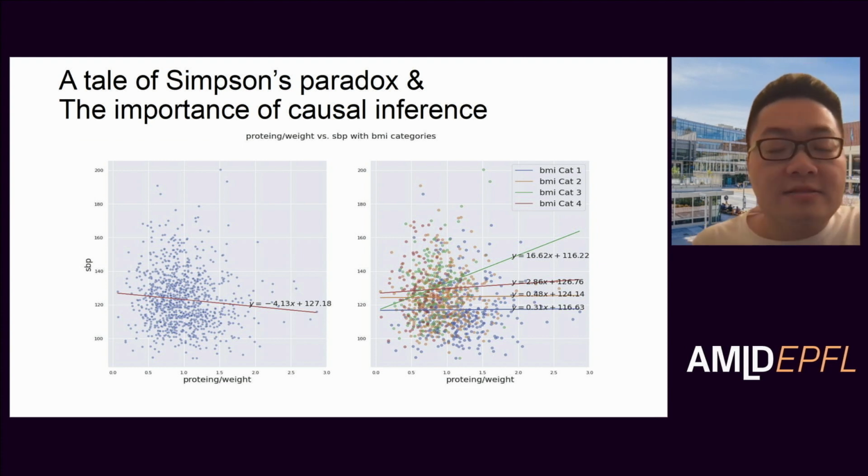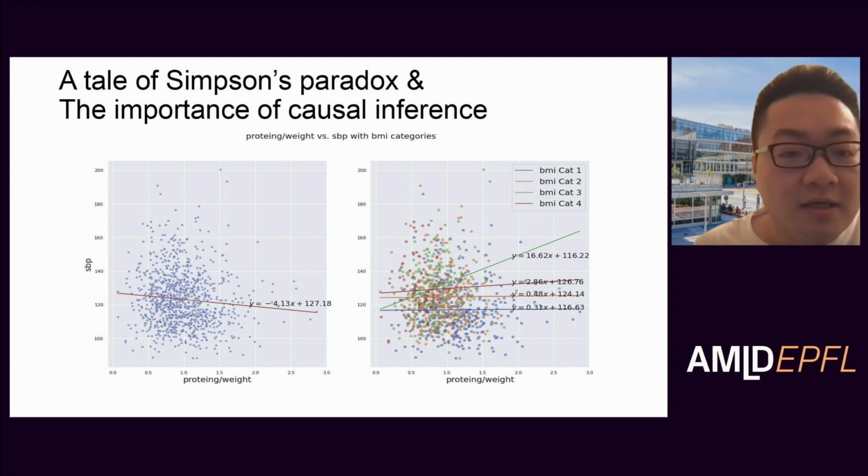Here is another interesting example to illustrate that correlation does not mean causation. In the left plot, the x-axis is the ratio of protein over weight, which basically indicates how much protein a person takes, and the y-axis is the systolic blood pressure. The left plot says the more protein a patient takes, the lower blood pressure the patient has. This is quite counterintuitive.